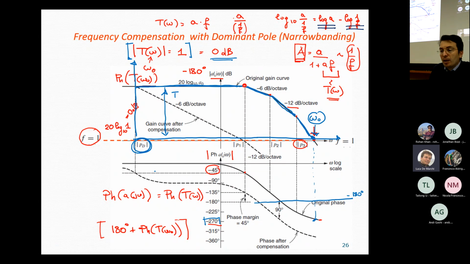After the addition of this new pole, what we get is that we introduce the minus 6 dB per octave amplitude loss much earlier than before. You see, after the addition of this new pole, the new A of j omega curve is the dashed one.